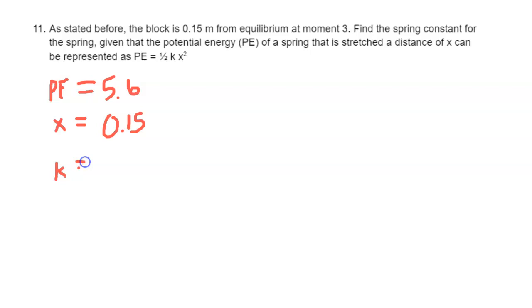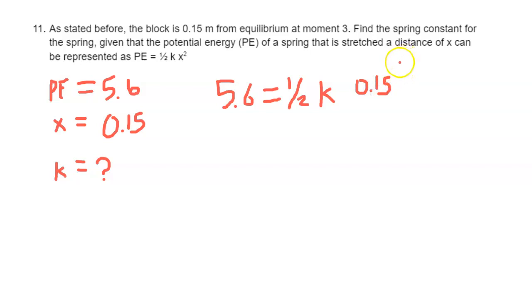K. Let's put this into our equation right here. We have 5.6 is equal to 1/2 times K, that's what we're trying to find, times 0.15 squared. Maybe I'll put this in parentheses so it's easier to see what we're actually squaring here.